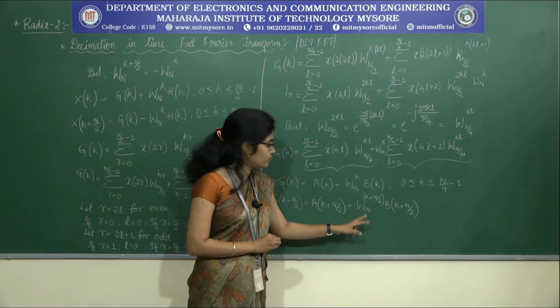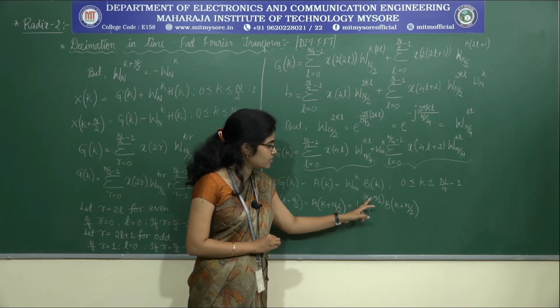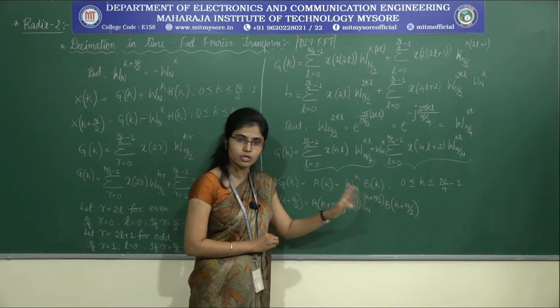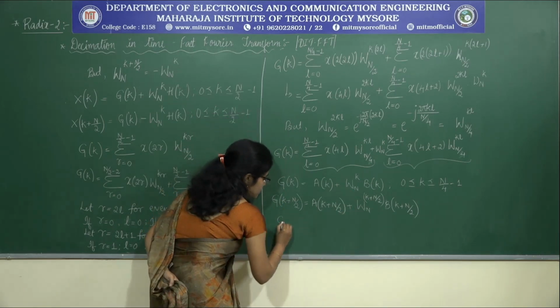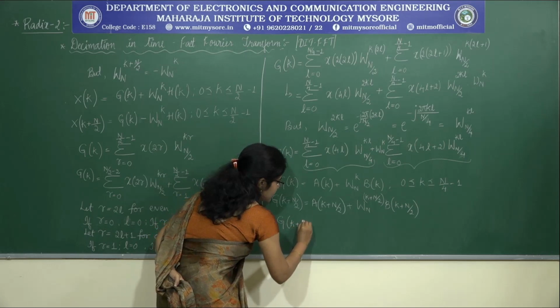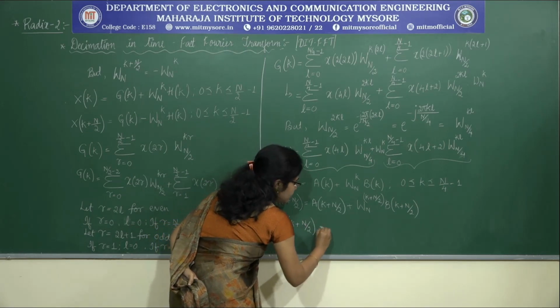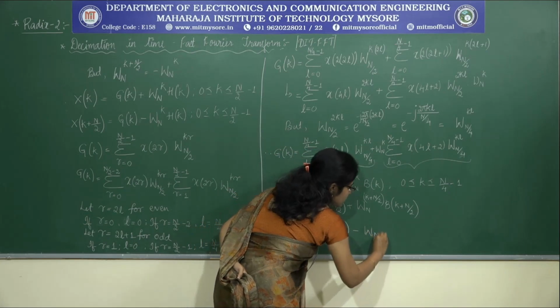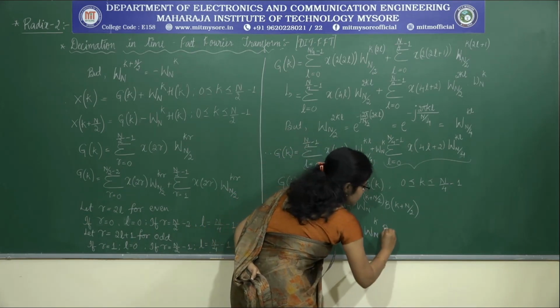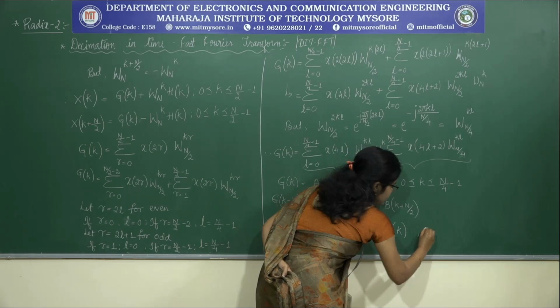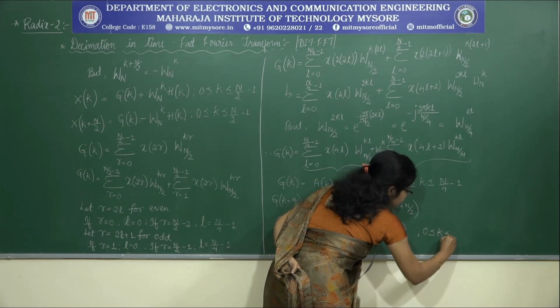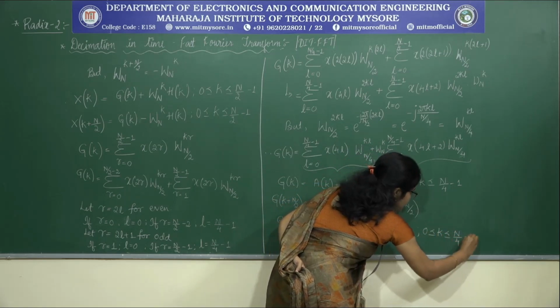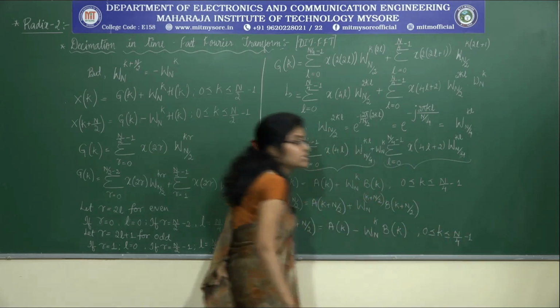From the symmetry property of the twiddle factor, omega n to the power of k plus n by 2 will be equal to minus omega n to the power of k. So substituting this, g of k plus n by 2 will be equal to a of k minus omega n to the power of k into b of k, and the range of k is from 0 to n by 4 minus 1.